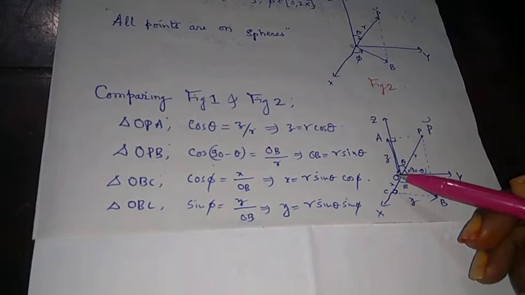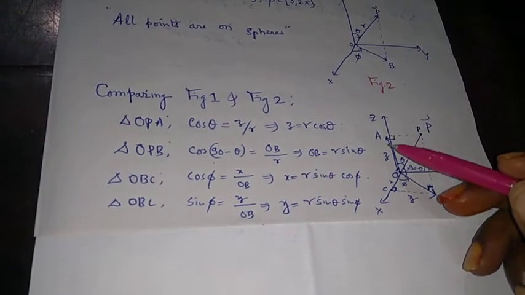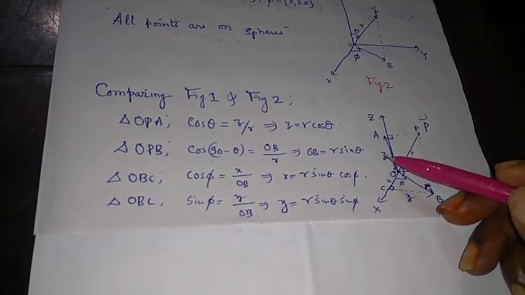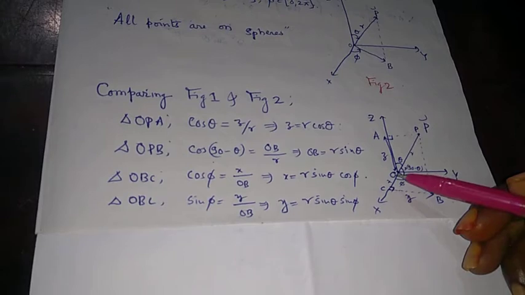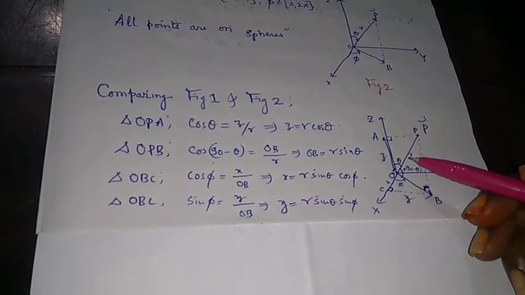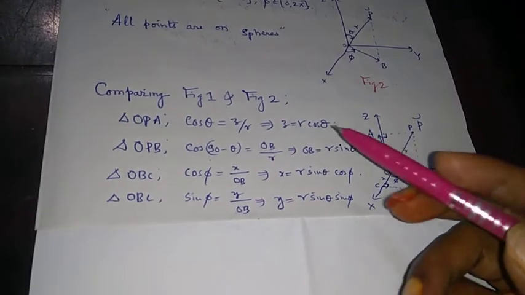If you consider cosine theta, which is adjacent, OA or Z, divided by hypotenuse, which is OP, which is R. So cos theta is equal to Z by R, or Z is equal to R cos theta.